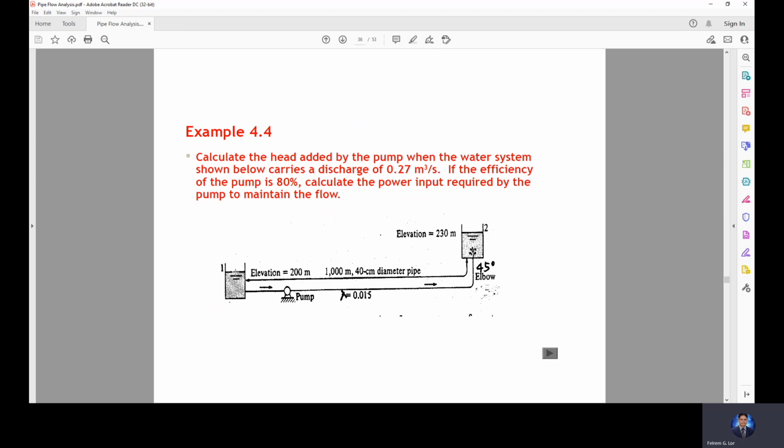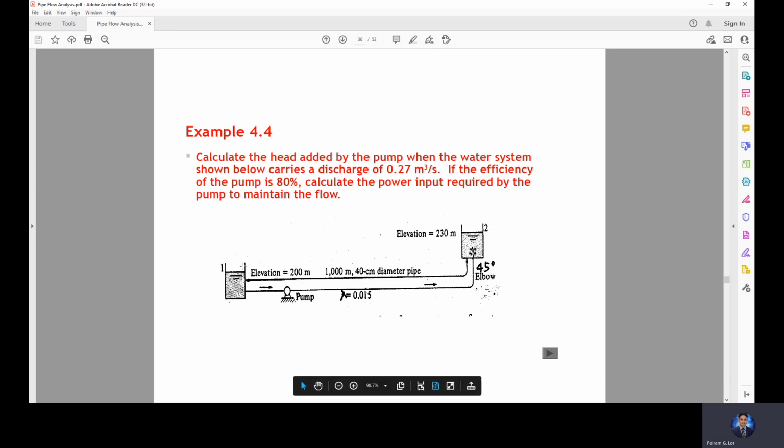This is the water surface, and the water surface has an elevation of 200 meters. The water surface is open to the atmosphere, so its pressure is equal to 0 gauge pressure. Same with point 2, except its elevation is 230 meters.